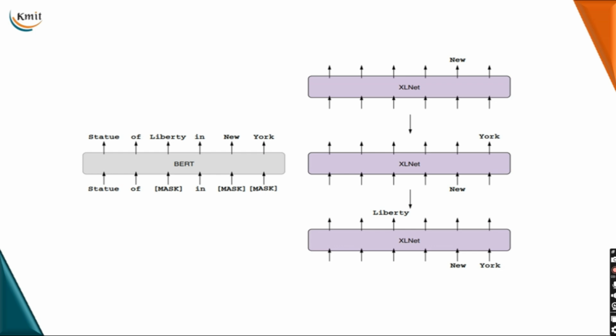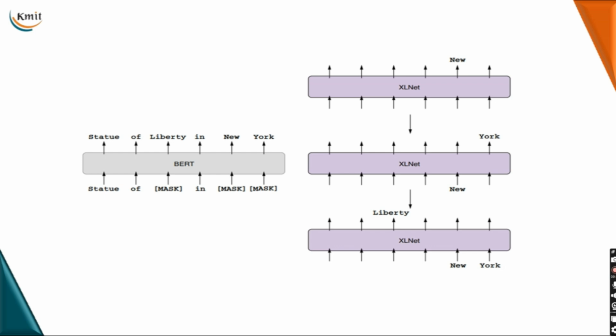Basically, XLNet introduces permutation language modeling, where all the tokens are predicted but in random order. As you can see, New and York are not produced simultaneously, but are predicted in some random order, compared to BERT's masked language model, which we see on the left-hand side of the figure.